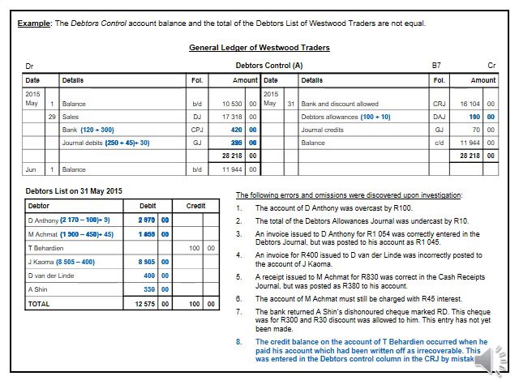Last one, number 8. The credit balance on the account of T.B. Hardeen occurred when he paid his account, which had been written off as irrecoverable, and this was entered in the debtors control column in the CRJ by mistake. So the entry in the journal is incorrect, which means both the control account and the list need to be fixed.